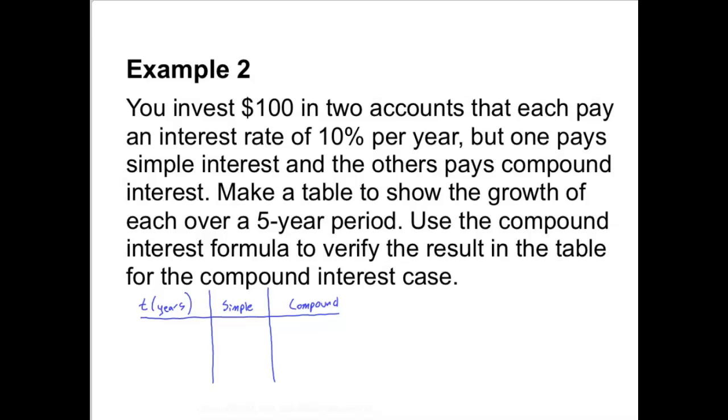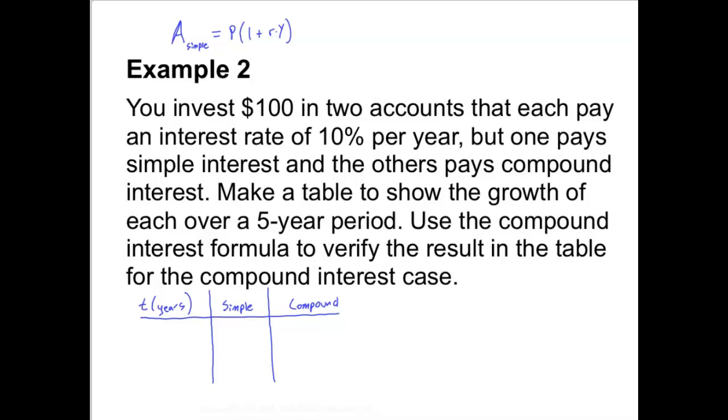And then up here at the top, just as a reminder, the amount for simple is your principal times 1 plus your rate, which I'll just call R, times the time in years. So I'll call that Y just to be consistent with the other formula that I showed you.